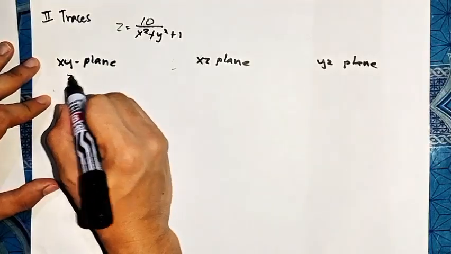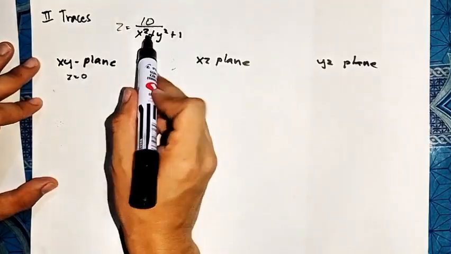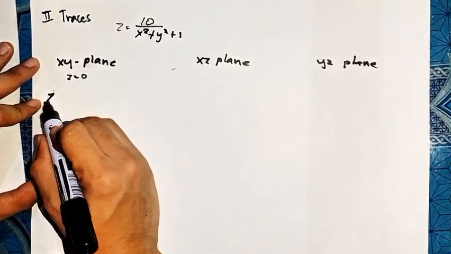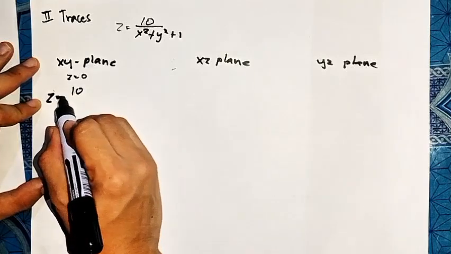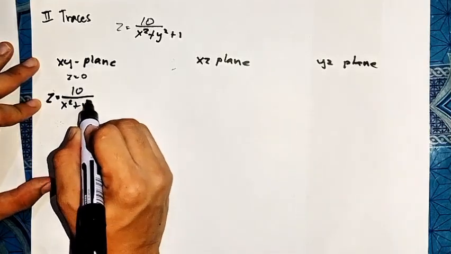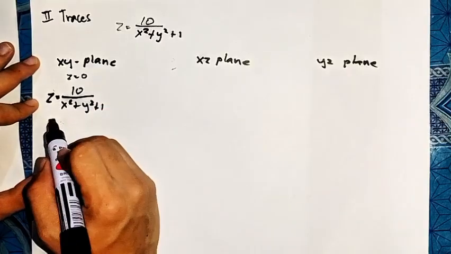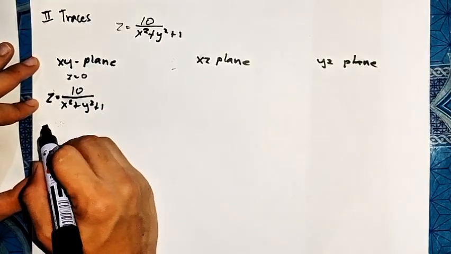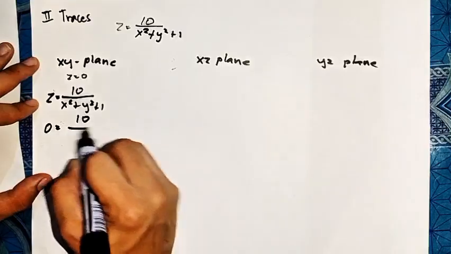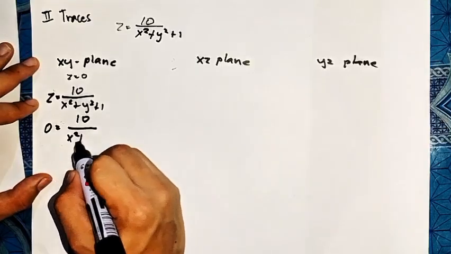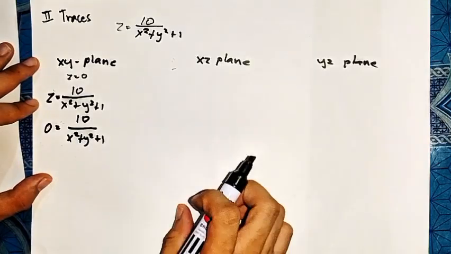So we let z is equal to 0. Let's copy this function. z is equal to 10 over x squared plus y squared plus 1. Now, substitute 0 for our z. So 0 is equal to 10 over x squared plus y squared plus 1.